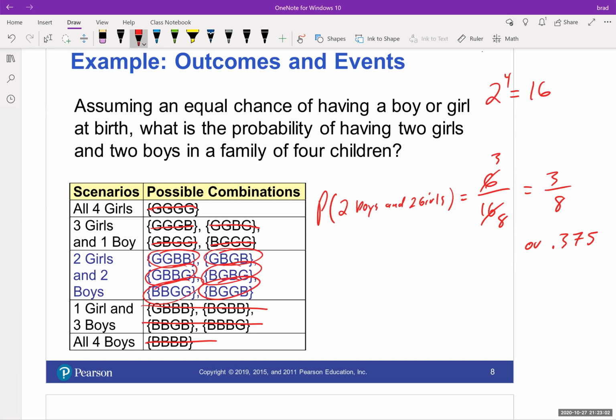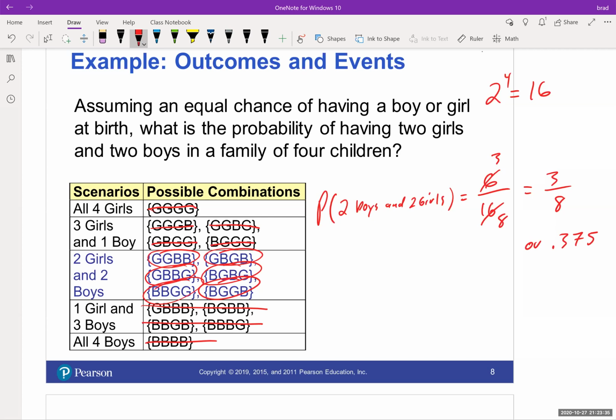Wait a minute. Did I divide wrong? Hold on. Let me double check my math. Yeah. Assuming equal chance of having boys or girls, what is the probability of having 2 girls and 2 boys in a family of 4 children?